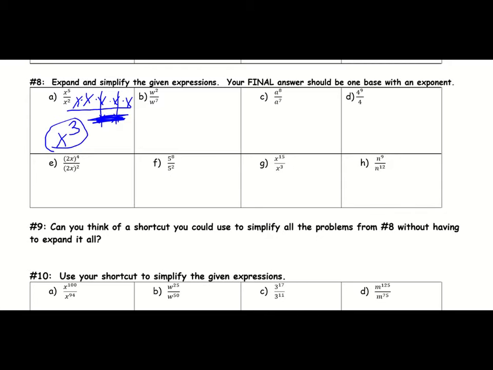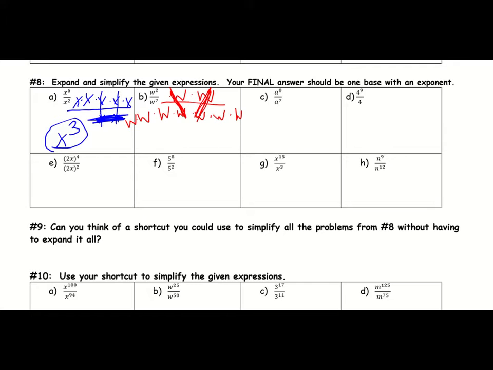Let's also look at b. We've got w squared over w to the seventh. So that would be w times w for w squared, over w times w times w times w times w times w, 1, 2, 3, 4, 5, 6, times, I've got to go to box A a little bit, w. So I can do the same thing. Anywhere top and bottom are the exact same thing, they're going to cancel out and give me 1. So right here I've got some w's that cancel out. Over here I've got some w's that cancel out.